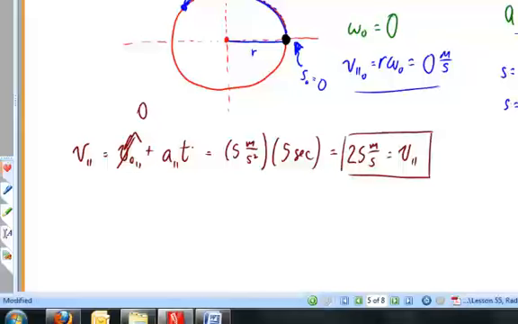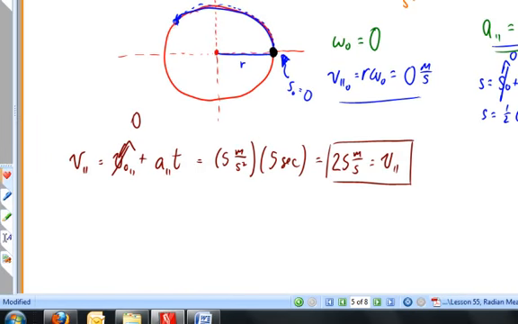So after 5 seconds, the object is traveling at a speed of 25 meters per second. So you could say here that the tangential speed after 5 seconds is 25 meters per second. That's how much distance per time the object is covering when the object has been moving for 5 seconds.